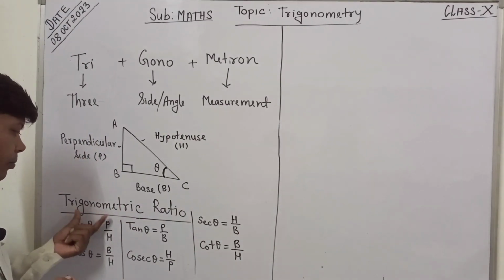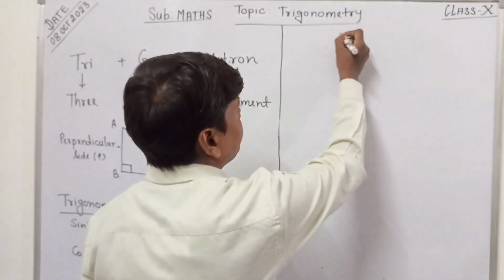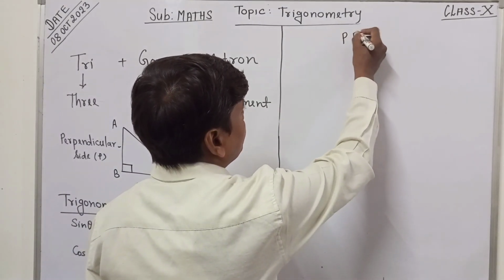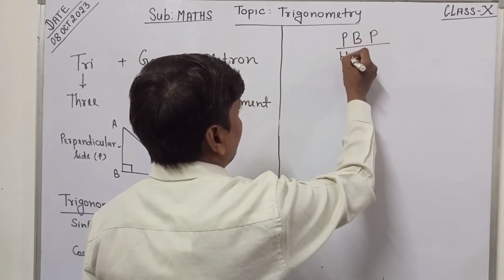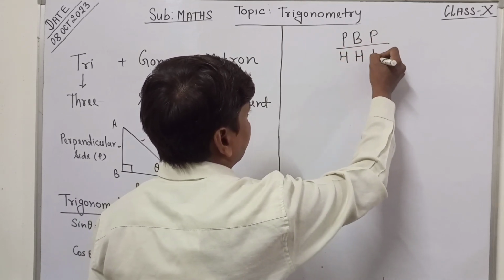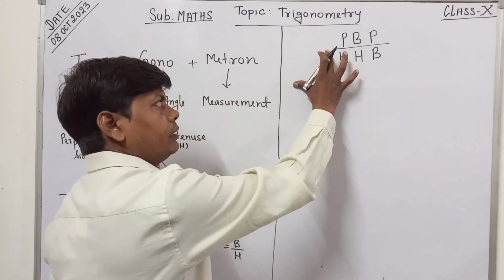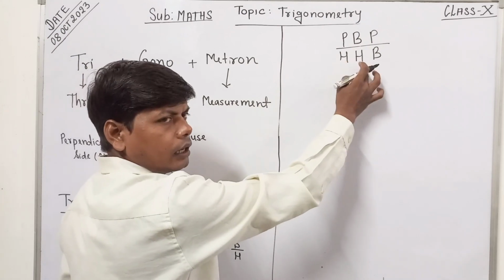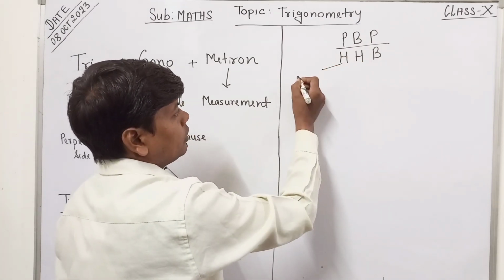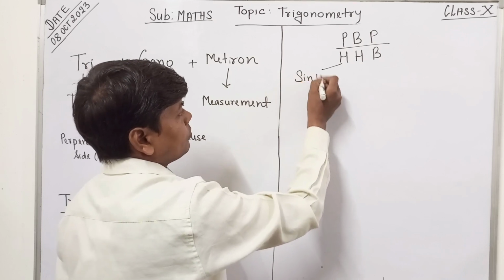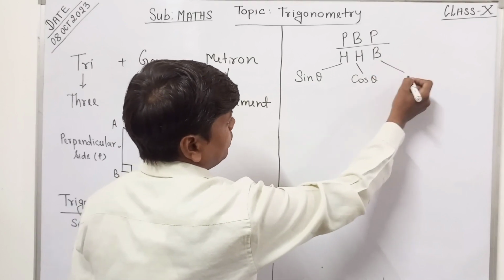Using a trick, we can remember these trigonometric ratios. Here is one trick: P upon H, B upon H, P upon B. The first ratio represents sin theta, the second ratio is cos theta, and the third ratio is tan theta.